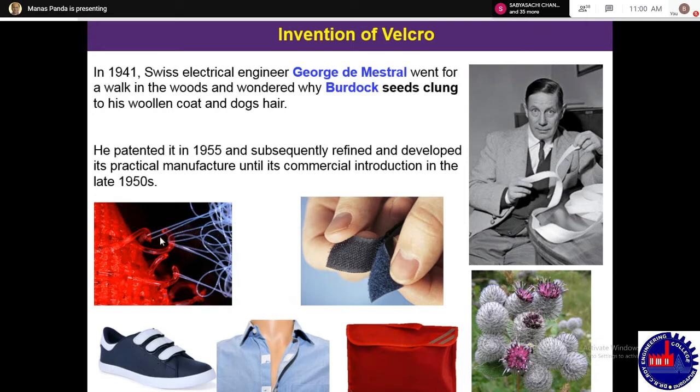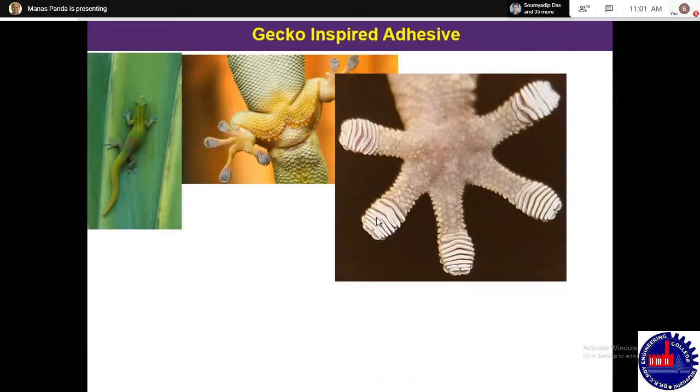So they have a kind of hook and loop. Based on those structures, he invented Velcro in 1955, almost 15 years later, which was patented by him, and after that it was developed in different ways. So that was one of the most important discoveries in the history of mankind.